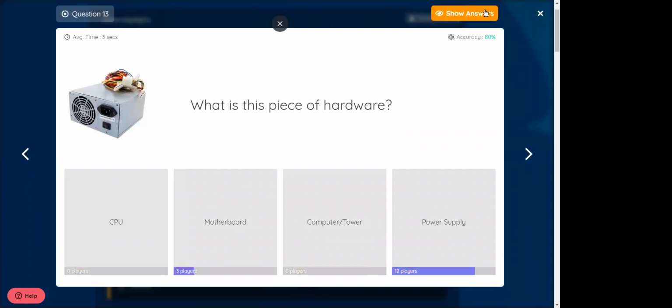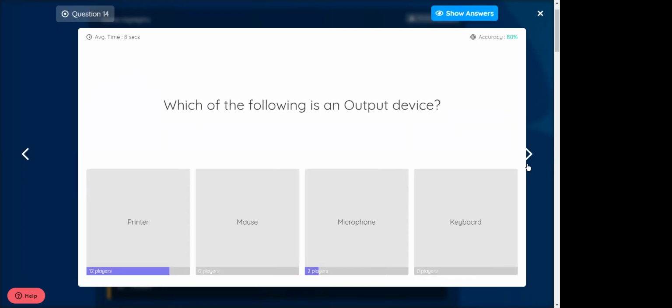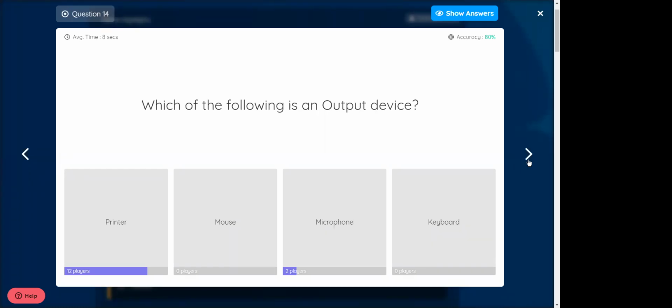What is the piece of hardware? Power supply. Yeah, it's a power supply unit. Next, which of the following is an output device? Printer, mouse, or keyboard?